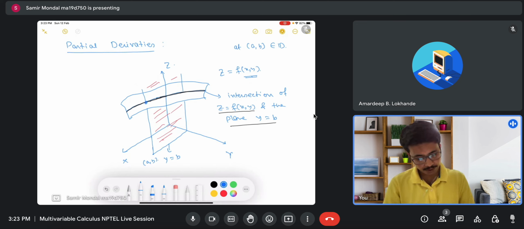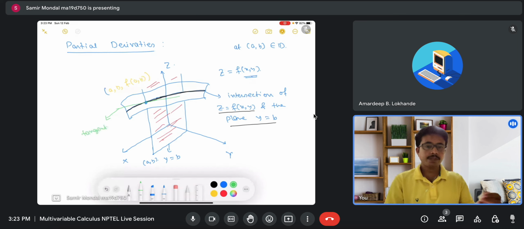This point is (a, b, f of a b). Draw a tangent here, like that. This is your tangent.